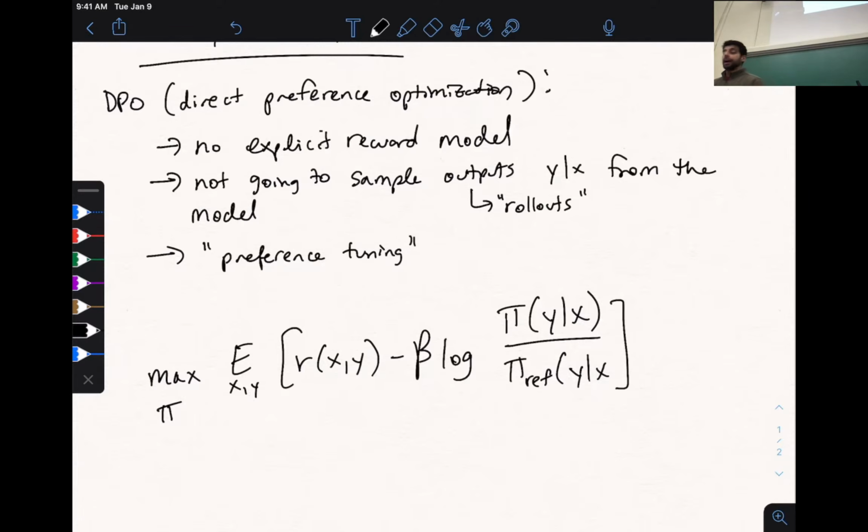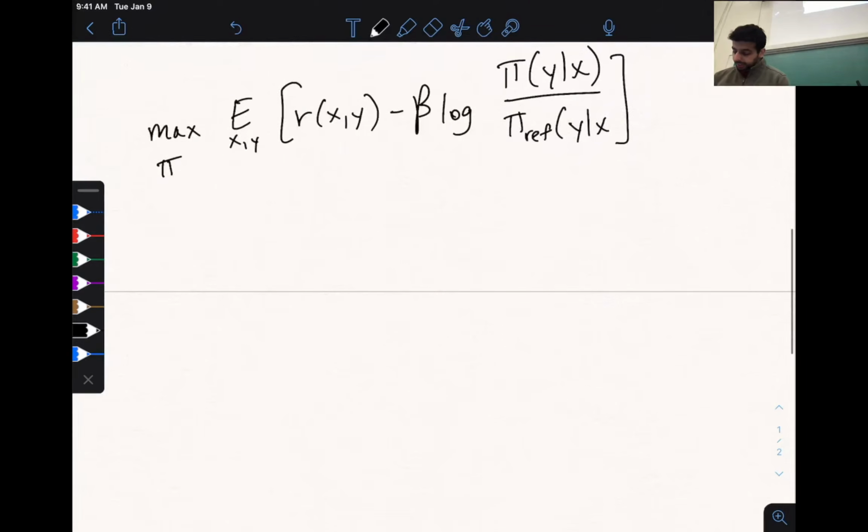So this is what we have now. And following the derivation in the paper, they convert this to a minimization problem by just negating, you could put a negative here, and then doing some rearrangement.